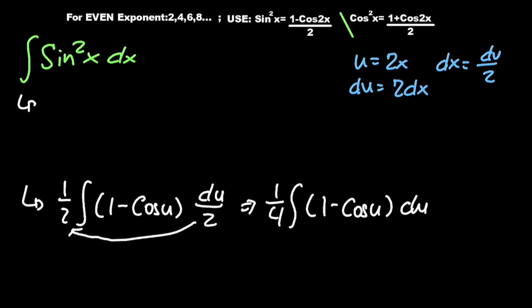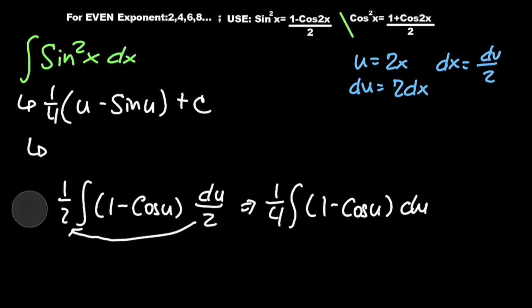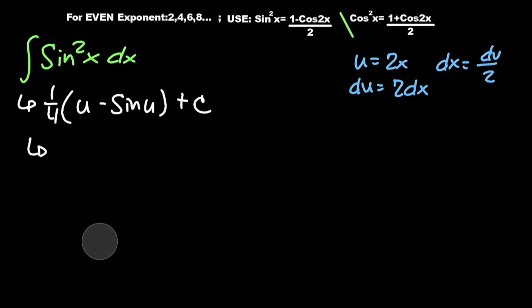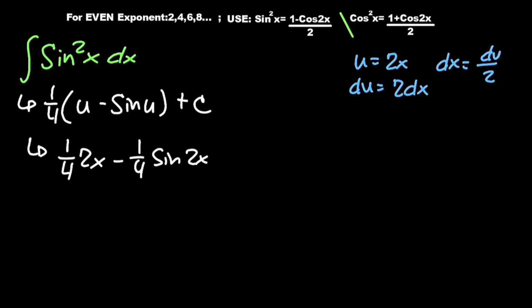And so, let us now integrate this. Integral of 1 du is simply u. And the integral of cosine of u is equal simply to sin u plus c. So, the final answer would be 1/4 u here is 2x minus 1/4 sine of 2x plus c.